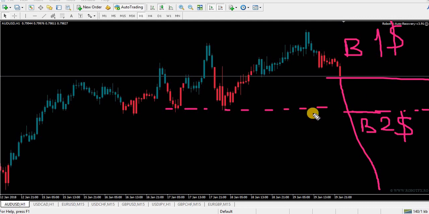Some other martingale traders prefer to use a stop loss, and after this buy closes, they open another buy again with an increased lot size, so that the idea is that the profit from the second trade will eventually overcome the losses from the first trade, and so they recover the loss and also make profit.